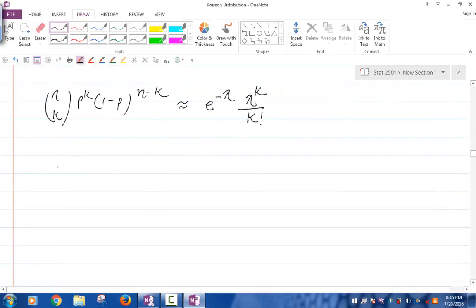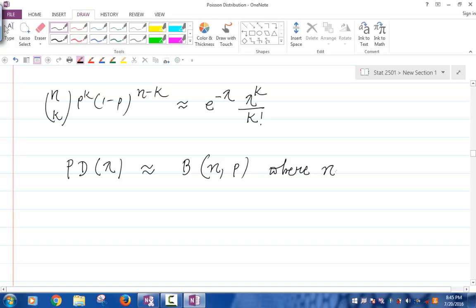Okay, so let me recap. What we are saying is that the Poisson distribution with parameter lambda can be used to approximate the binomial distribution with parameters n and p, where n times p is lambda, n is large, and p is small, so that lambda is of moderate size.